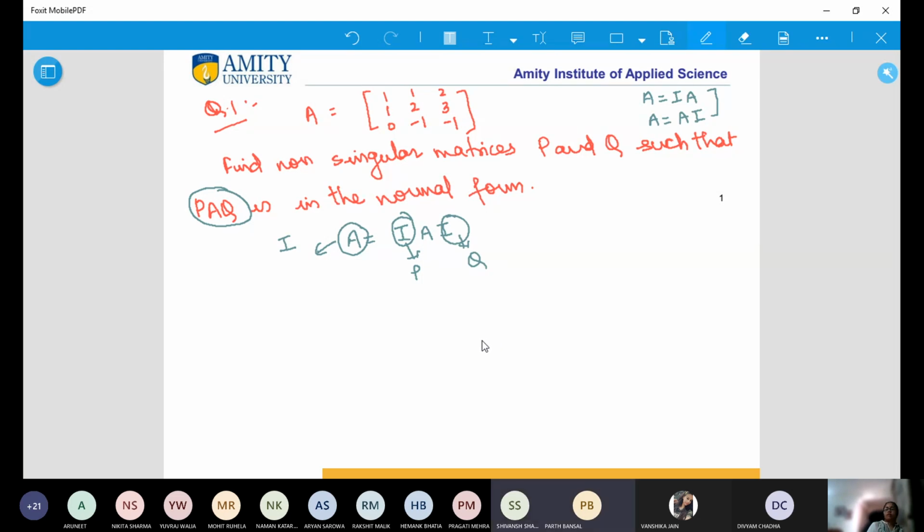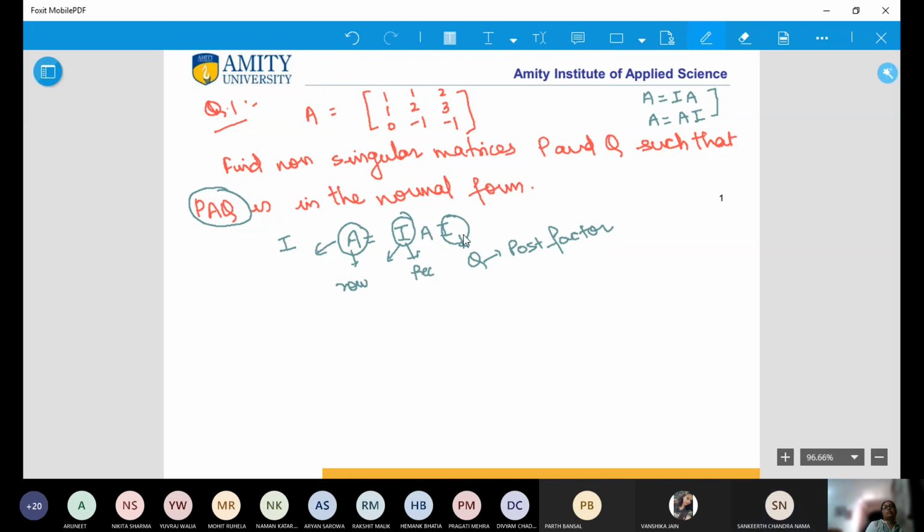Okay, so just remember that when you apply any row operation in this, you will focus on this left I, or prefactor. When you apply any column operation in it, you will focus on post factor. Prefactor to what?